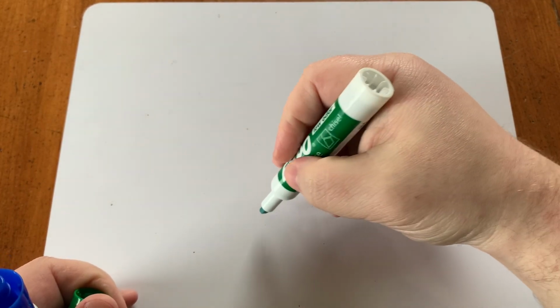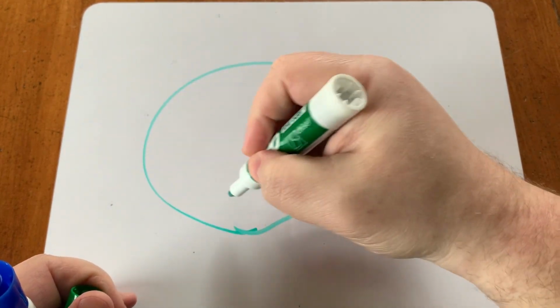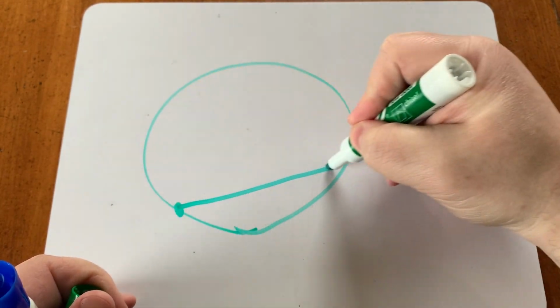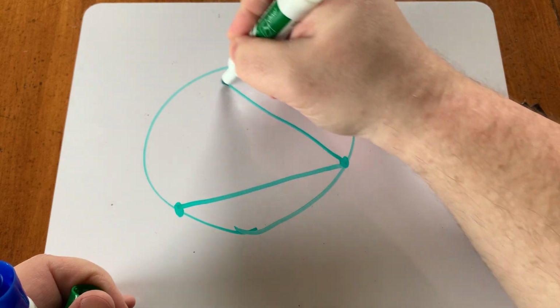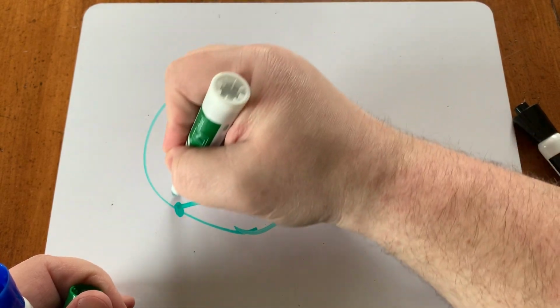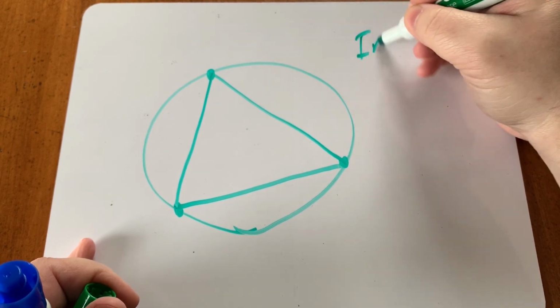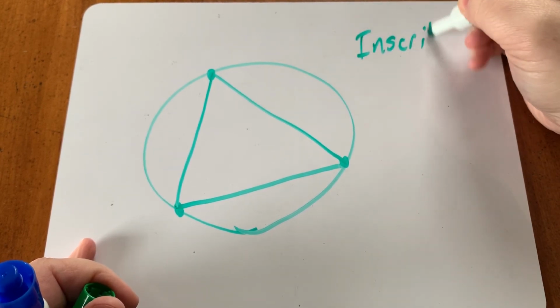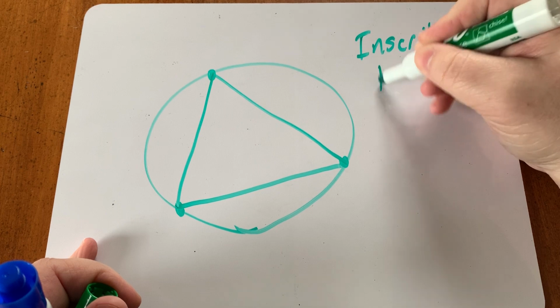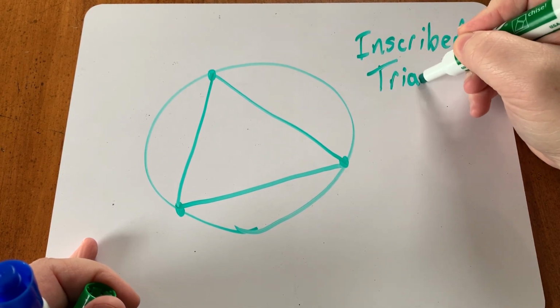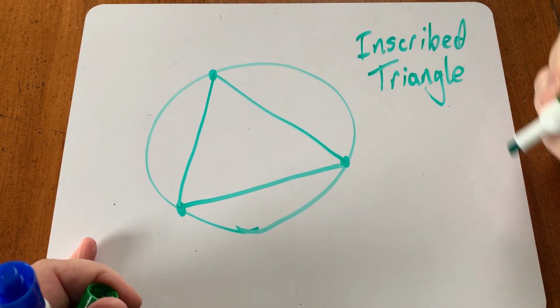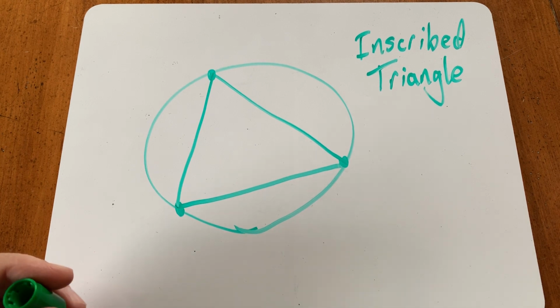When we did triangles, we talked about inscribing a triangle in a circle. So this is an inscribed triangle. The triangle is inscribed by the circle.